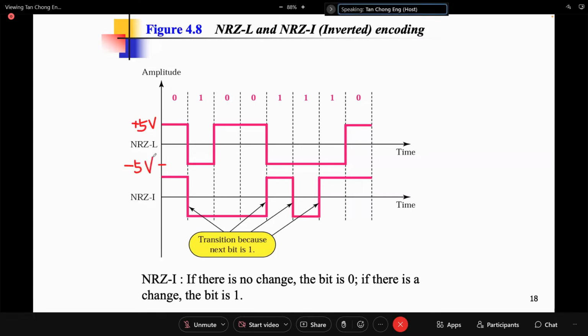Okay, so 0 refers to a positive value, positive 5 volt, and then a 1 refers to a negative 5 volt. This is not return to zero. They don't like to use 0, so they want to make it much clearer. The representation is much clearer using this type of technique. Okay, so they are using 2 polarities, positive and negative.